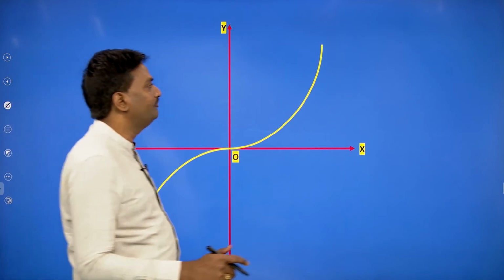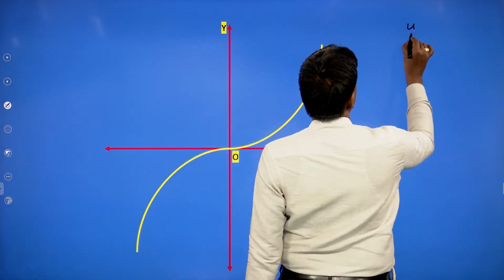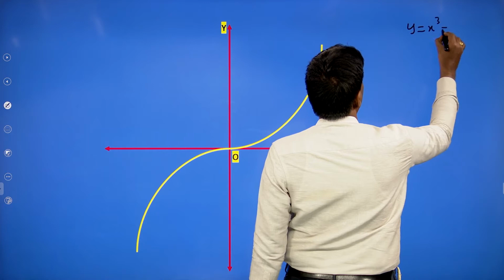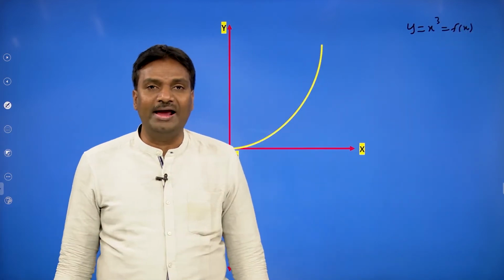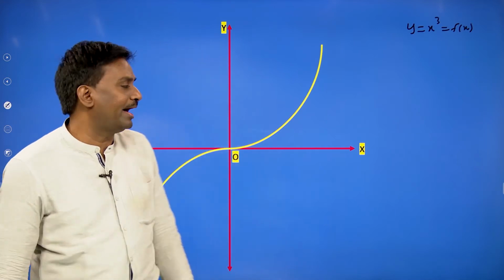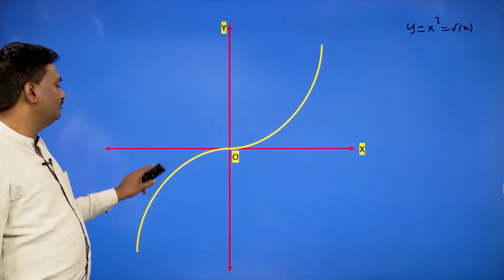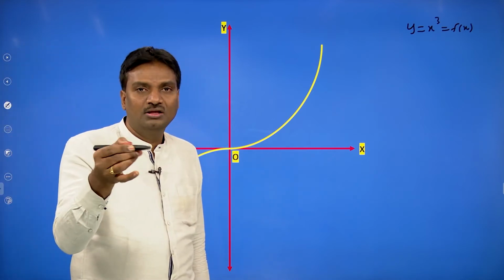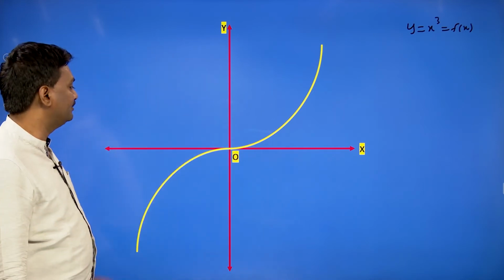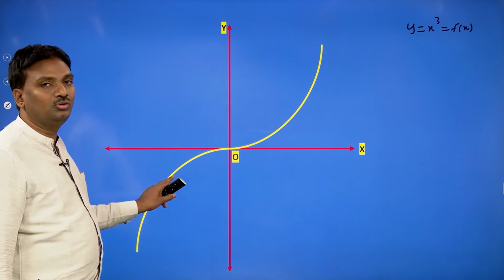For example, if you take y equal to x cube, in place of x if we take minus 1 whole cube, it is minus 1. So x equal to minus 1, y equal to minus 1. If you take x equal to minus 2, minus 2 whole cube is minus 8, so x equal to minus 2, y equal to minus 8.